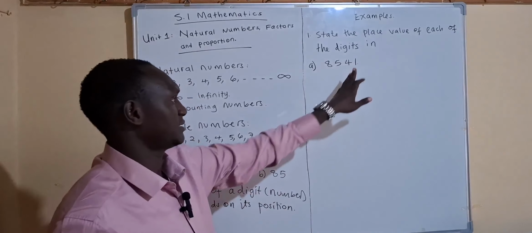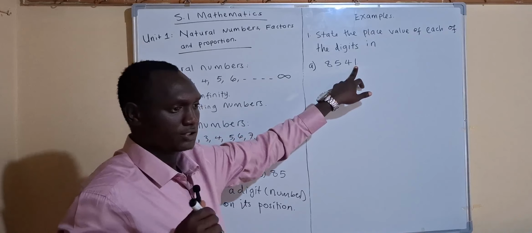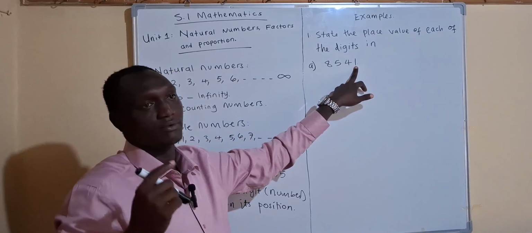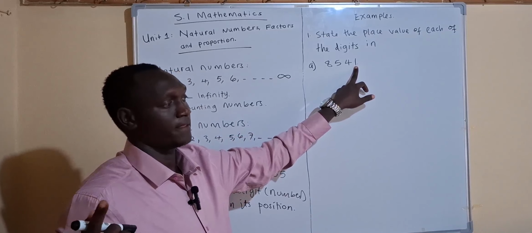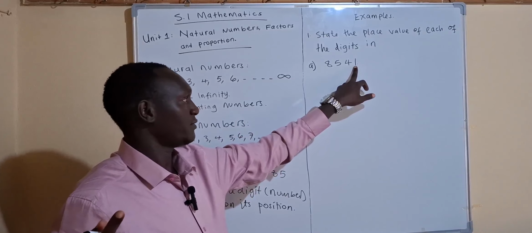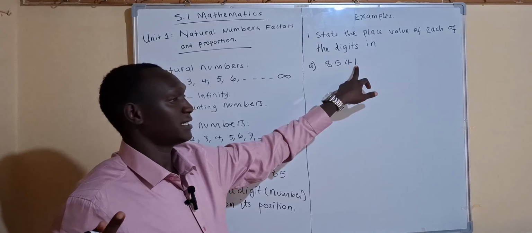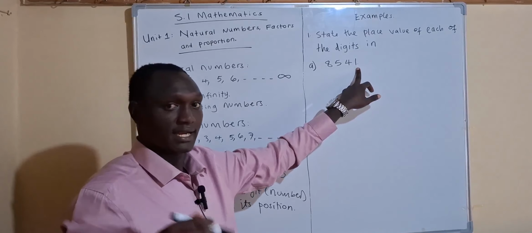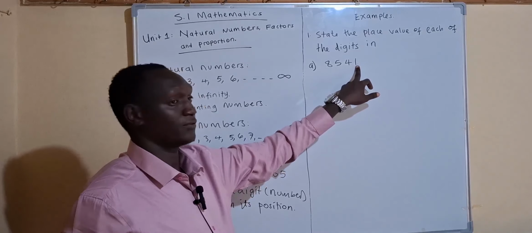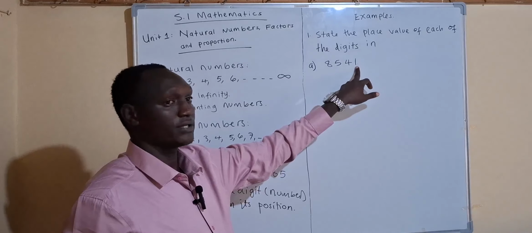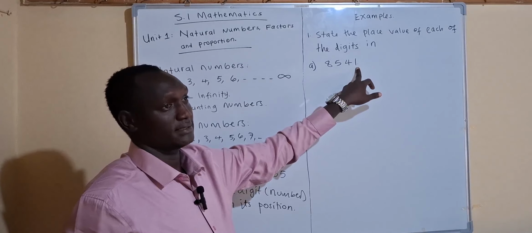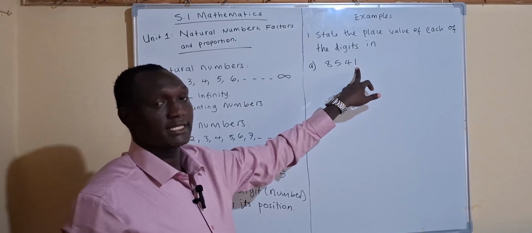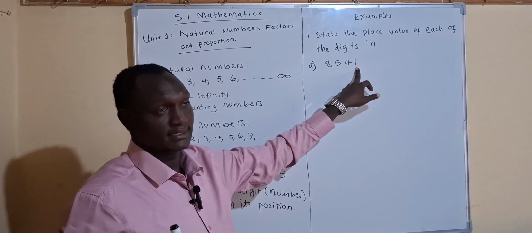Like here in this case, this last position here is always a position of ones. If I say it is a position of ones, it does not necessarily mean that here should end with 1. It can be 4, it can be any other number. But that is a position of ones.